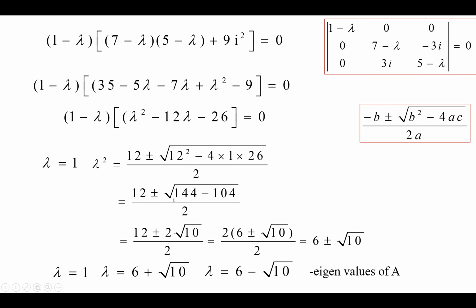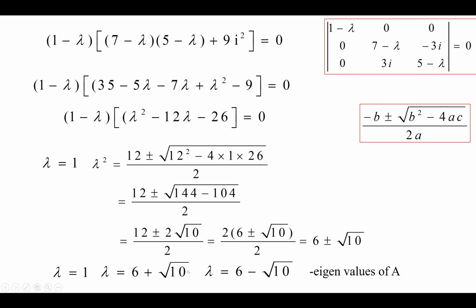So 12 plus or minus root of 144 minus 104 by 2, that is 12 plus or minus 2 root 10 by 2. Pull 2 out common in the numerator, 2 cancels, and we have 6 plus or minus root 10. So we have 3 values: lambda equals 1, lambda equals 6 plus root 10, and lambda equals 6 minus root 10.